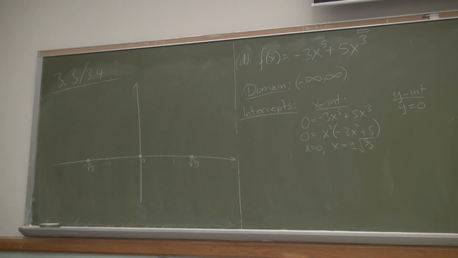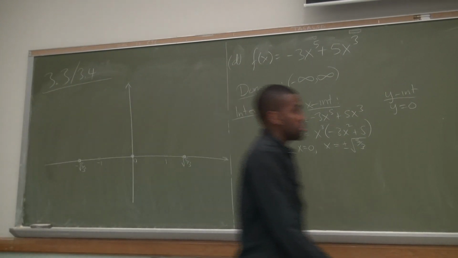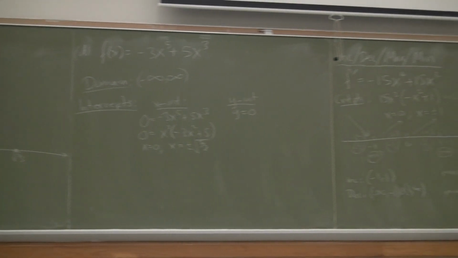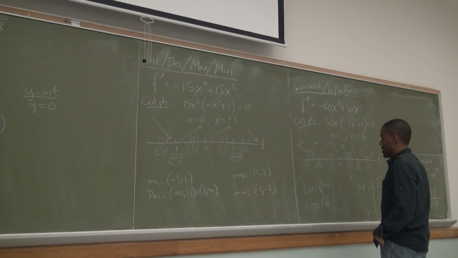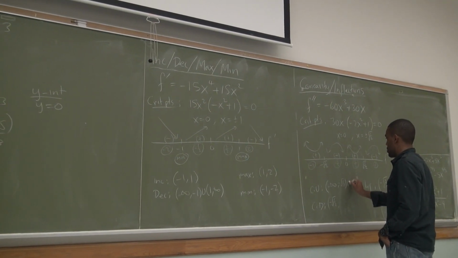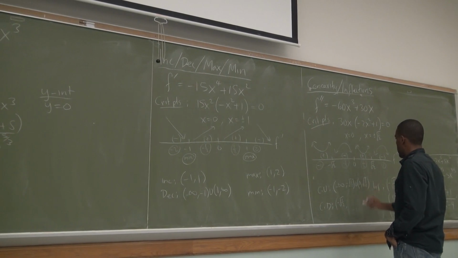Professor, you have to change the concave up. You have to add a union. Yeah, I forgot to change that. So concave up was minus infinity to minus radical half, union 0 to radical half.